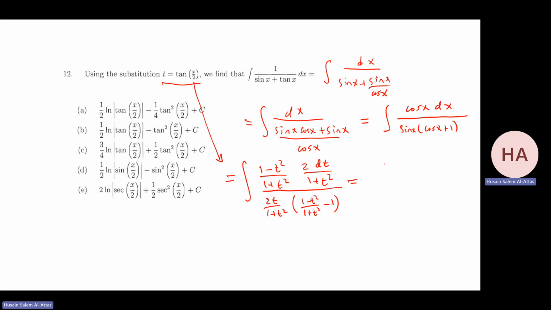That will be 2 times (1 minus t squared) dt over (1 plus t squared) all squared, over 2t over 1 plus t squared, times 1 minus t squared plus 1 plus t squared over 1 plus t squared. Very clear. This with this cancelled. Also this minus 1 cancels with 1.